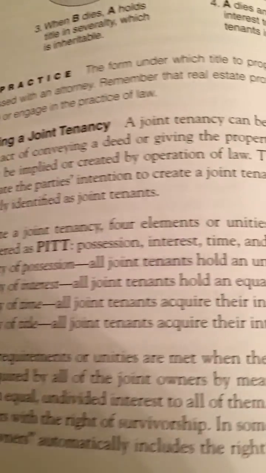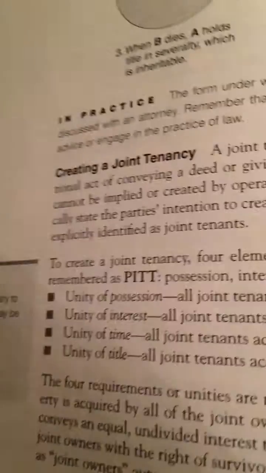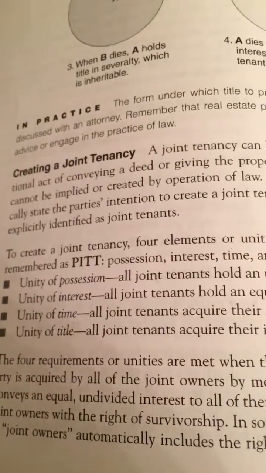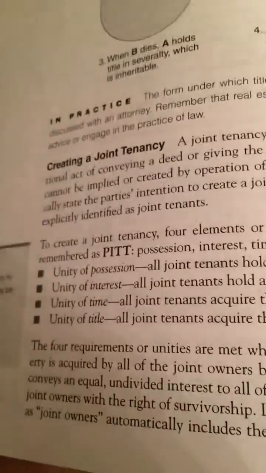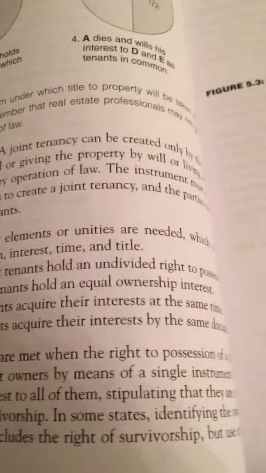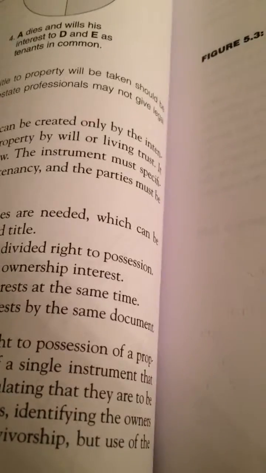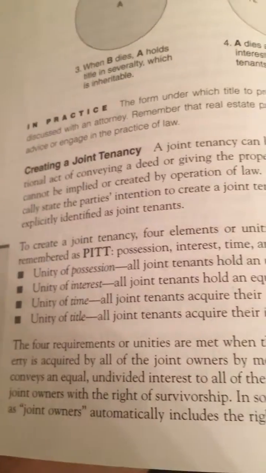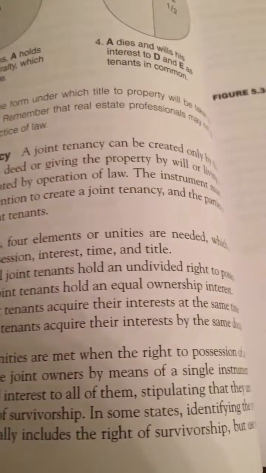The 4 requirements or unities are met when the right to possession of a property is acquired by all the joint owners by means of a single instrument that conveys an equal, undivided interest to all of them, stipulating that they are to be joint owners with the right of survivorship.